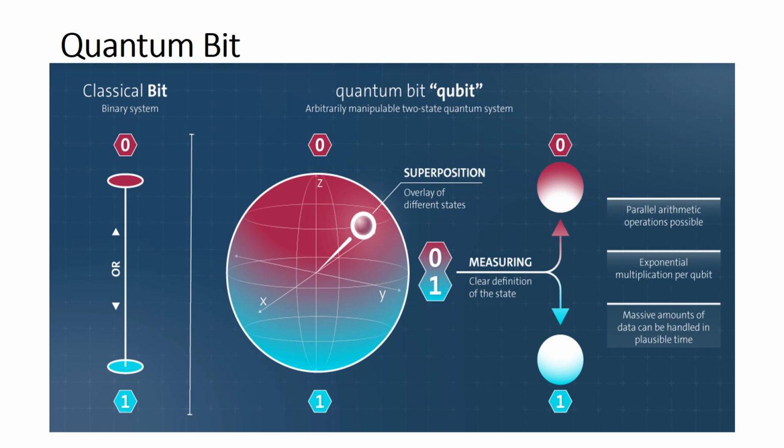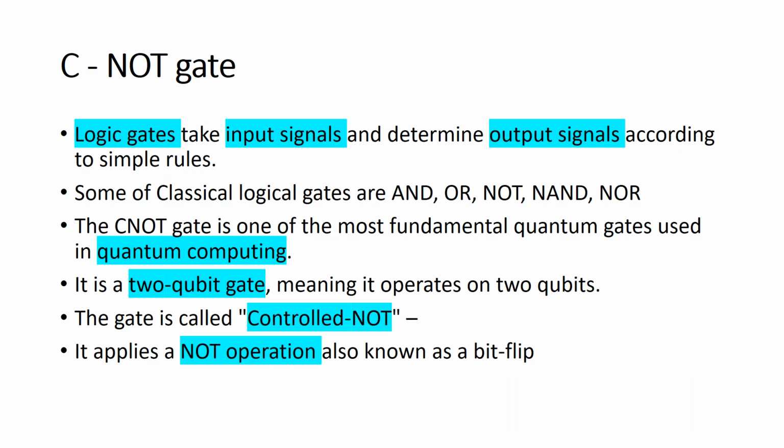The advantage of using quantum computing is it can perform parallel arithmetic operations. It can do exponential multiplications per qubit, and a large amount of data can be handled in a given time. Let's see what is CNOT gate.